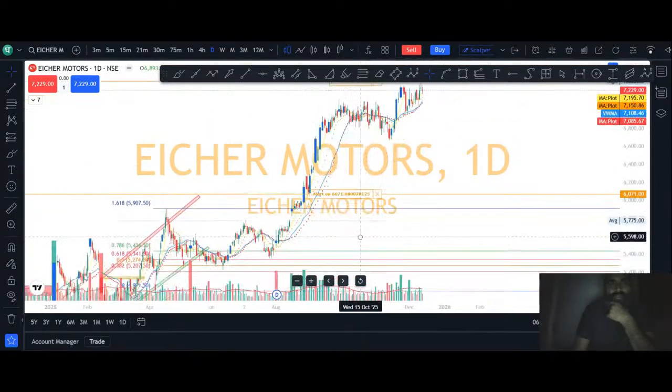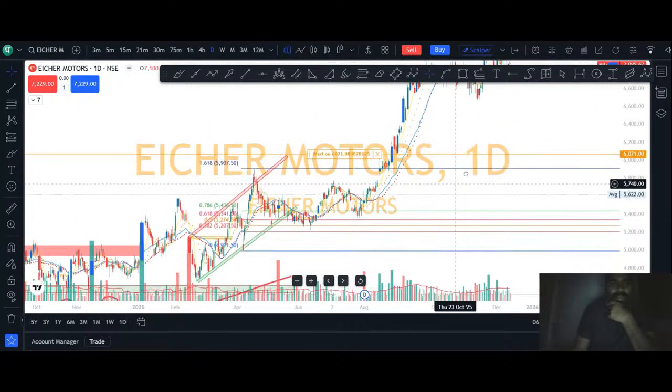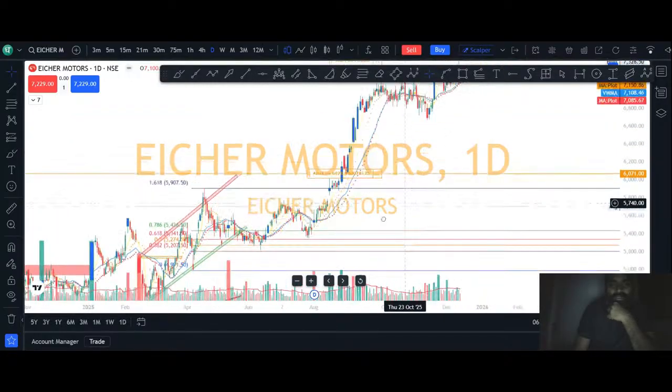After that, how much rally has happened in the Eicher Motors this year?